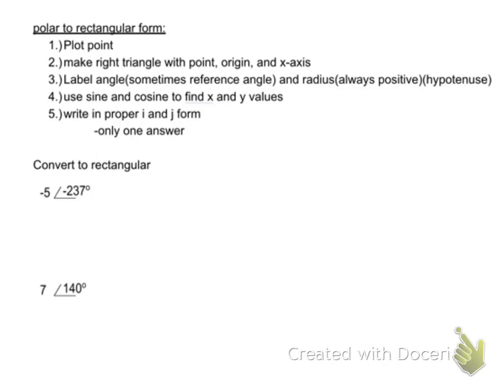Number 2, you guys still have to form your right triangles. You form your right triangle with the point in space to the origin, and then from your point straight to the x-axis, which means straight down or straight up. Three, label the angle. Now sometimes that's called the reference angle.